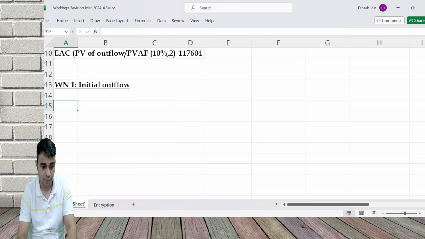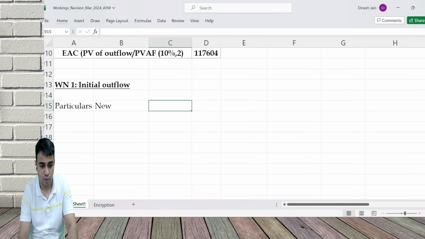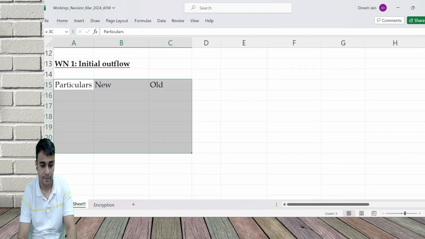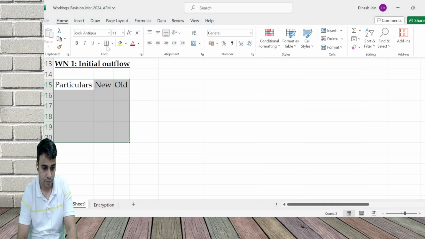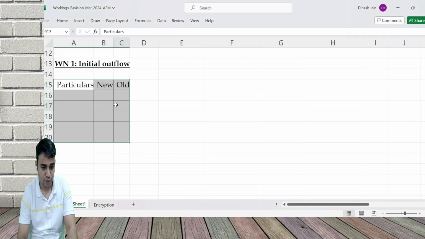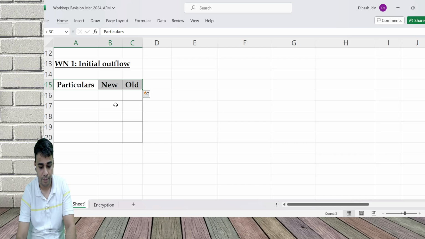Particulars, new machine, old machine. Point number one, capex, working capital, and NSV on day zero.